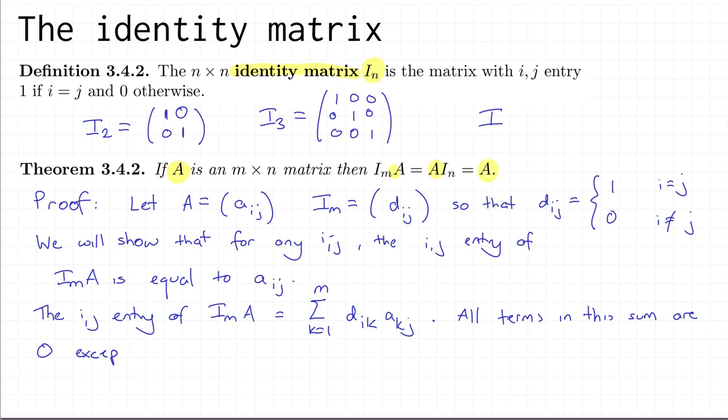Except, so dii is the only one of these things, dik, which can be non-zero. So it's only when k is equal to i that dik would be non-zero. And in that case, dik is equal to 1.